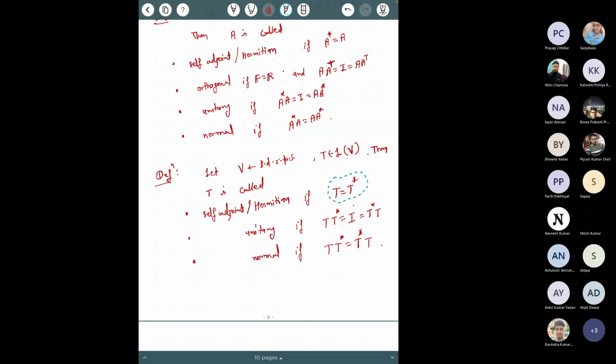So can we also say something here, like if T is self-adjoint, then what is the relation between the matrix of T and the matrix of T star?